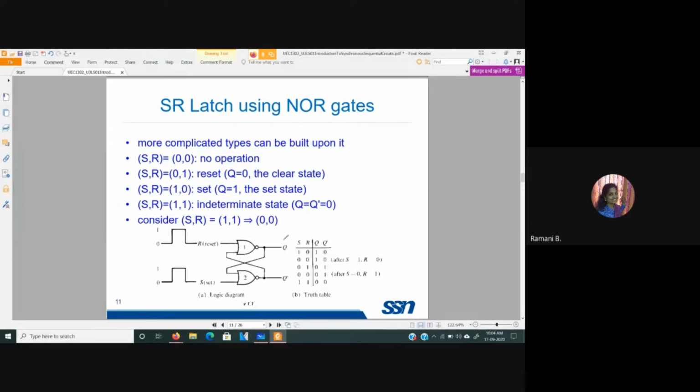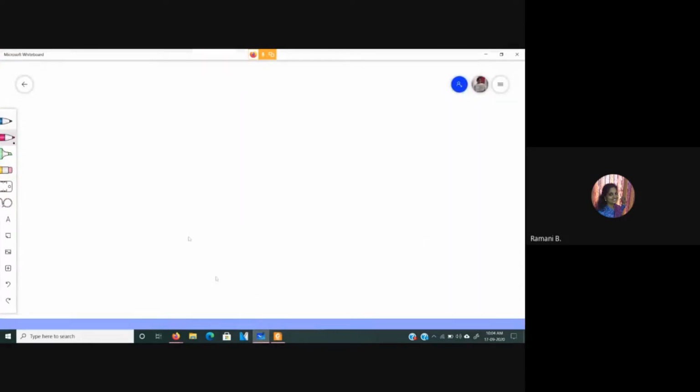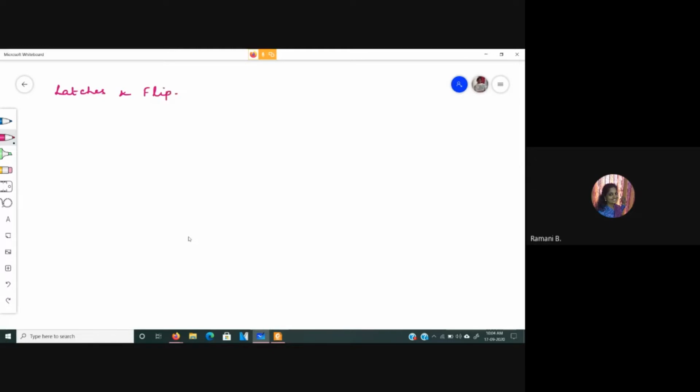So in case of flip-flops as well as latches, in both of these, we have 4 types, that is SR, JK, D and T. However, we will initially see only the functionality with respect to latch for SR and D alone.